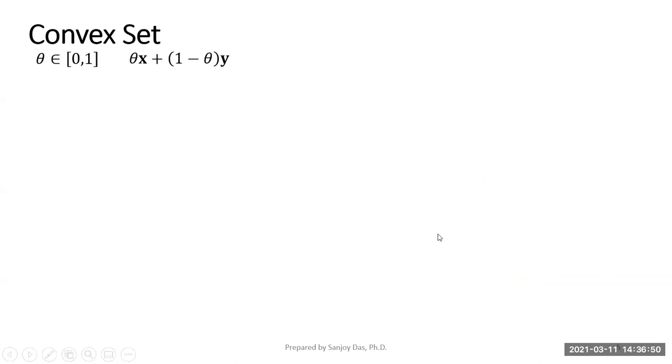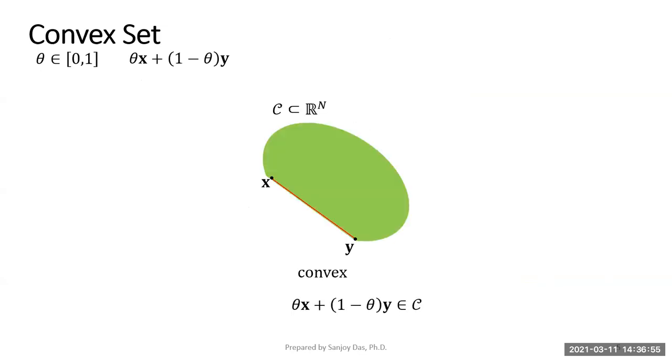Okay, so let's define a convex set. For any theta between 0 and 1, we consider theta x plus 1 minus theta y, where x and y are 2 points in this convex region. This green colored region is a convex region, and I take any 2 points. Now I've taken 2 extreme points in the boundary, but I could have taken any pair of points x and y.